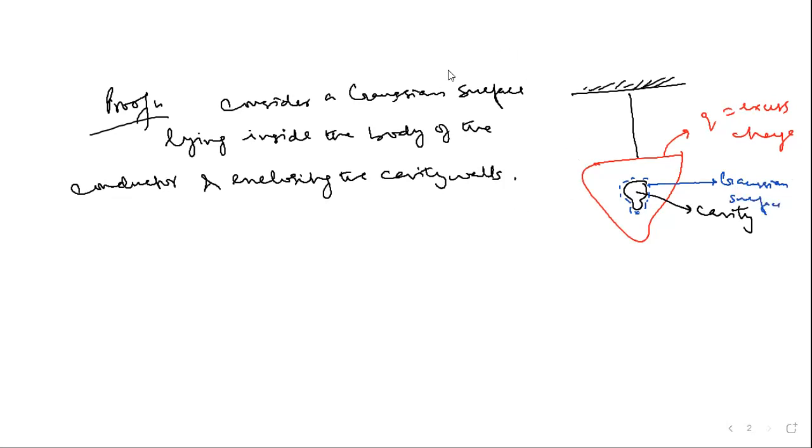You already know that the electric field inside the body of the conductor is 0, since there are no internal currents. So we take the Gaussian surface which is lying inside the body of the conductor and enclosing the cavity walls, this boundary, this cavity wall.